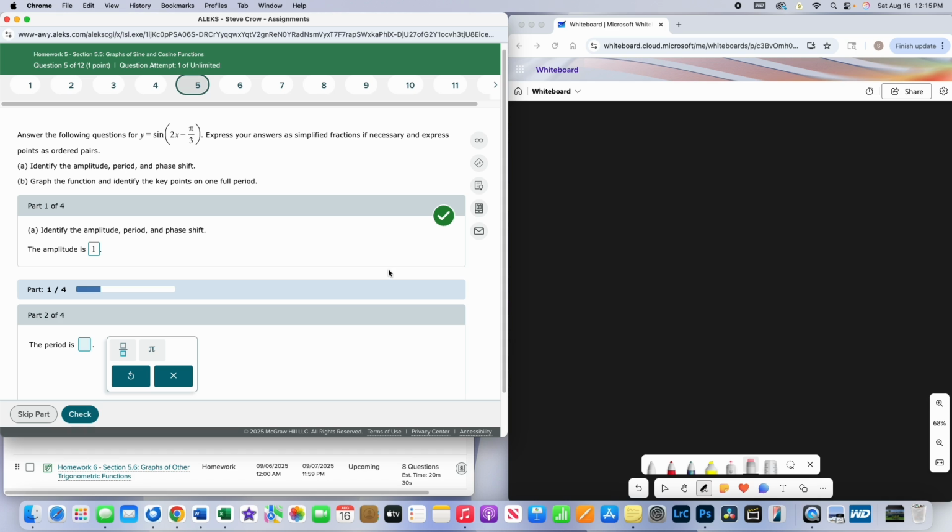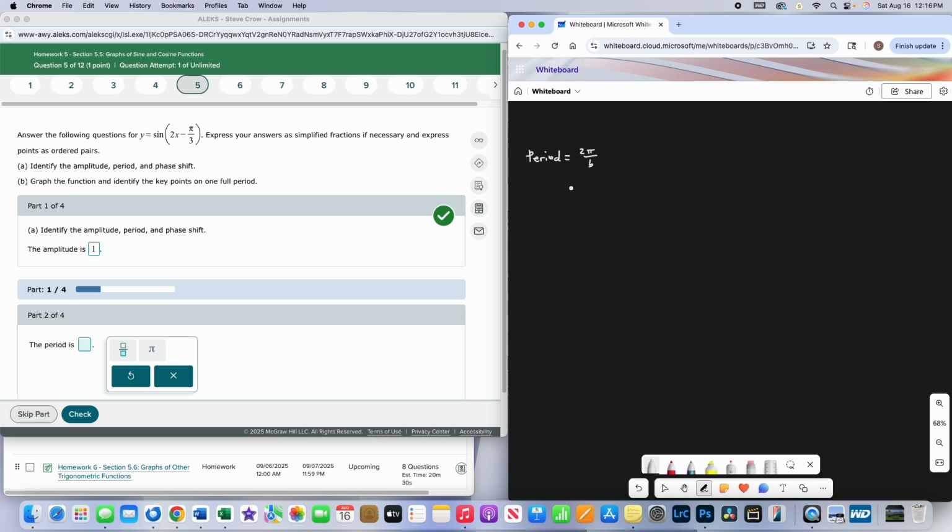The period, okay, so the period is, remember, now let me see, I'm writing on a Wacom tablet, so this is not going to be as good as it normally is. The period is equal to 2 pi over b.